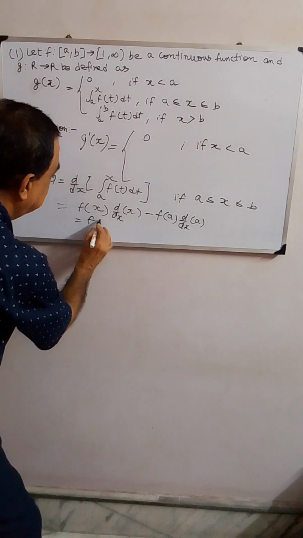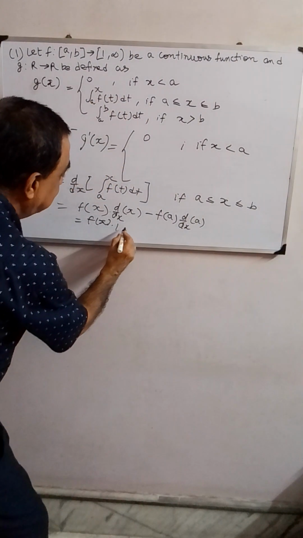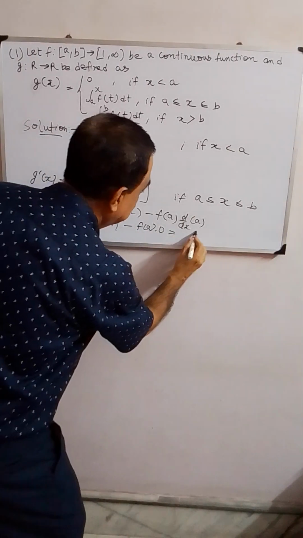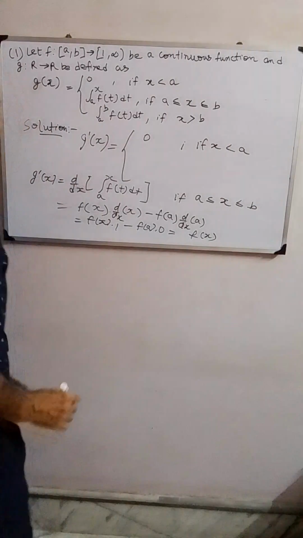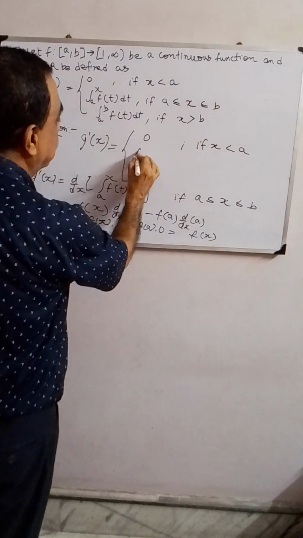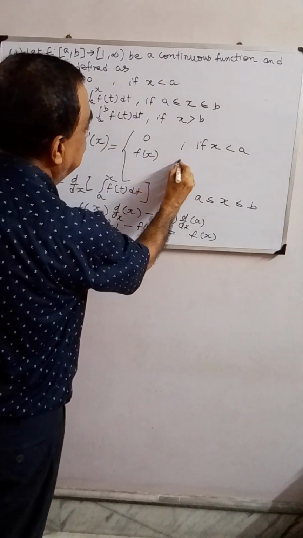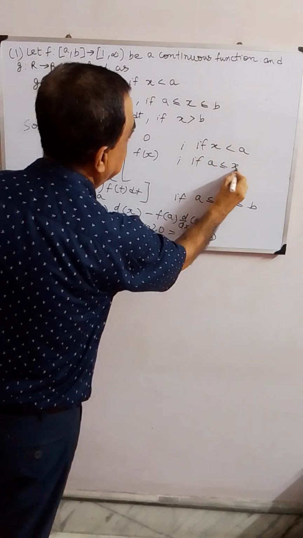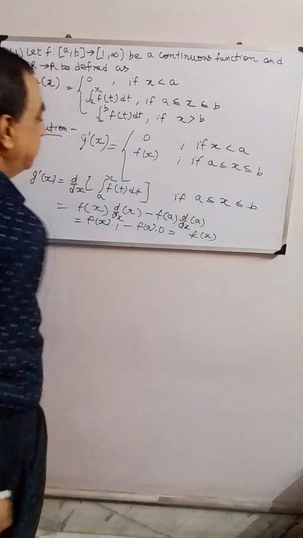So this will become f(x) into 1 minus f(a) into 0, which is equal to f(x). So g'(x) is equal to f(x) when a is less than or equal to x is less than or equal to b.